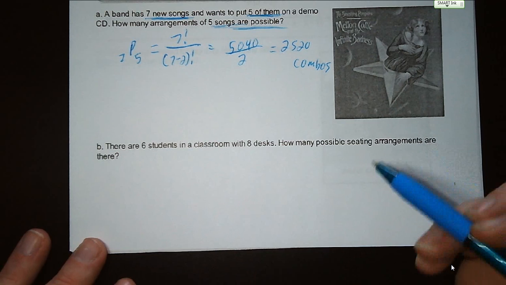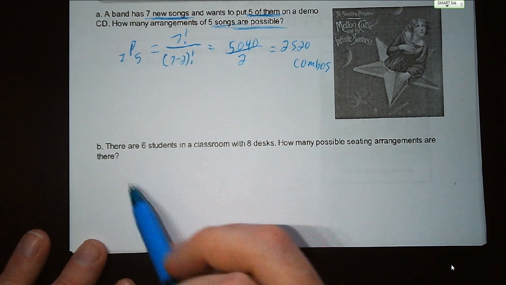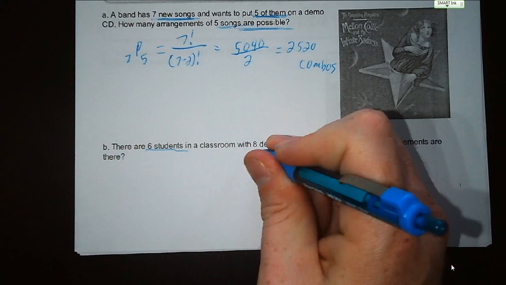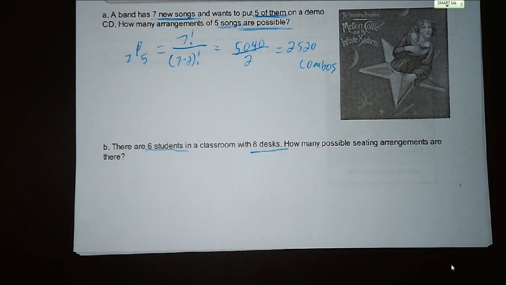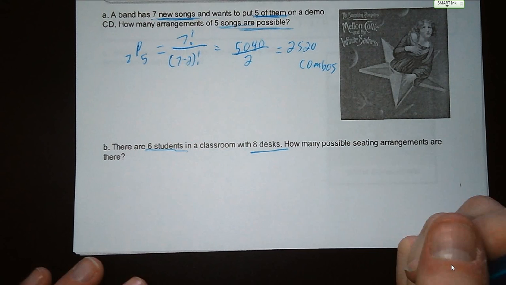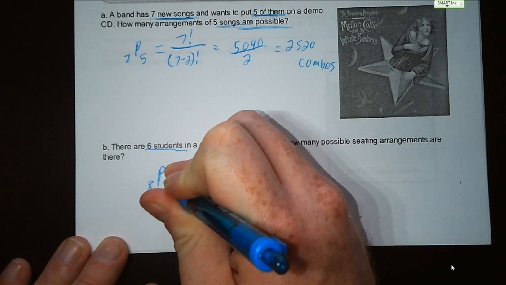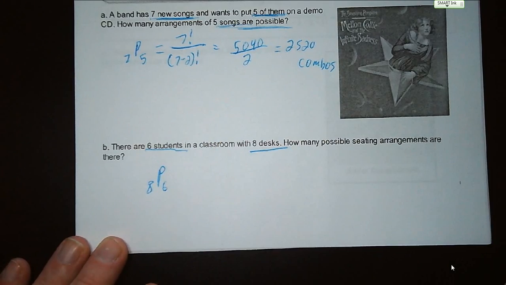Awesome album. All right. So you have 6 students in a classroom with 8 desks. How many possible seating arrangements are there in that classroom? Well, we have 8 desks total, and we're only filling 6 of them at a time.